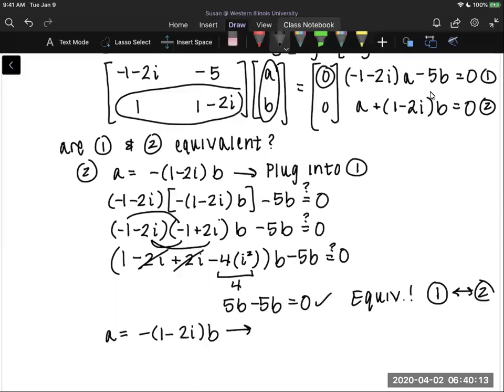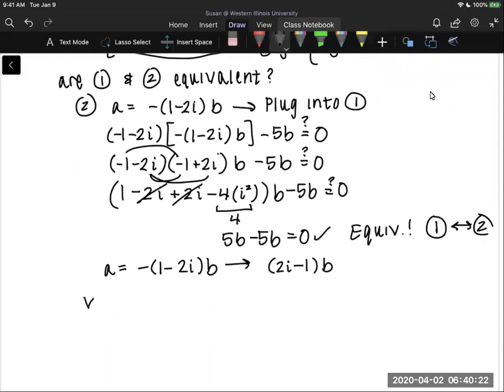In other words, I'm going to write this as 2i minus 1 times b. So here's my expression for a. And then remember, our eigenvector we set up as the column vector a, b. So now I'm going to replace a with this expression, 2i minus 1 times b, and b is itself.